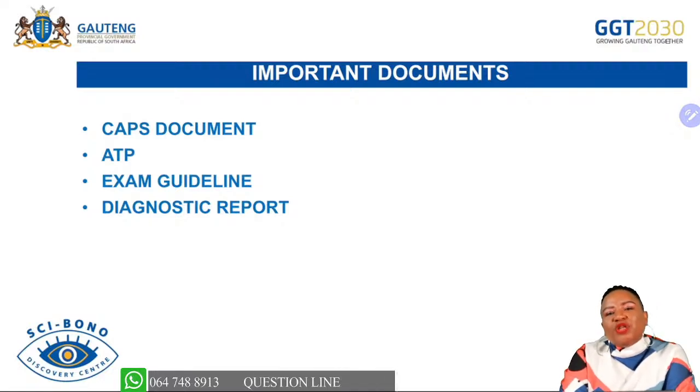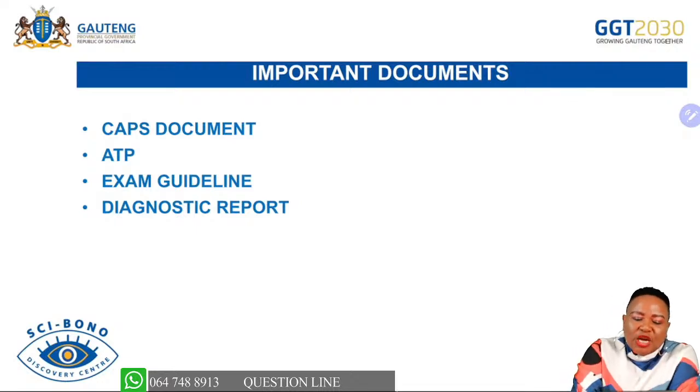Now, what is it that you need? These documents that I'm going to mention are the documents that you will always need to refer to every time you are looking at each and every topic that you are going to deal with in Physical Sciences. Remember, all the subjects that you are doing are policy bound, meaning that you need to follow some of the policy documents for you to be able to answer the examination at the end of the year.